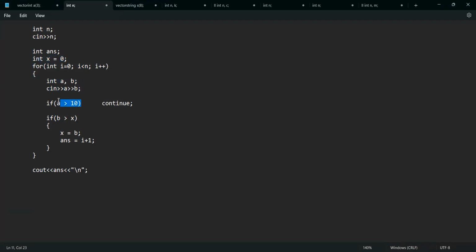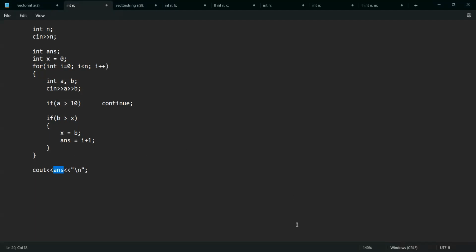If A is more than 10, then I'm simply skipping this player. Otherwise, I'm checking if the quality is more than my current winner's quality, that is X, I'm going to update my X, and my answer is i plus 1. i starts from 0, it's 0 indexed, and I have to output 1 indexed values. So therefore, I'm doing answer equals i plus 1, and I'm printing my answer.